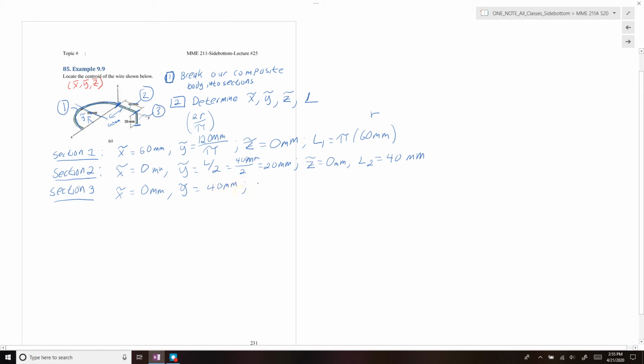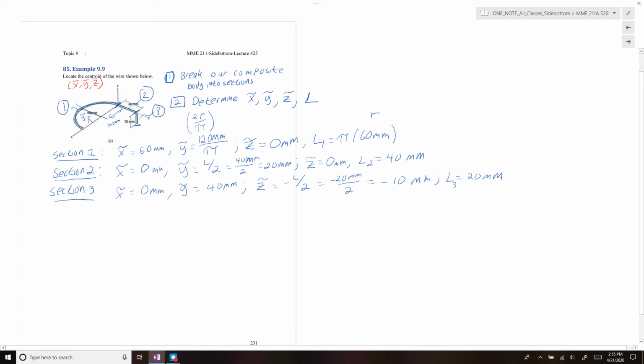And then z tilde would be equal to minus half of the length. So the length is equal to 20 millimeters, so it would be negative 20 millimeters divided by 2, or minus 10 millimeters. Right? And then the length of section 3 is equal to 20 millimeters.